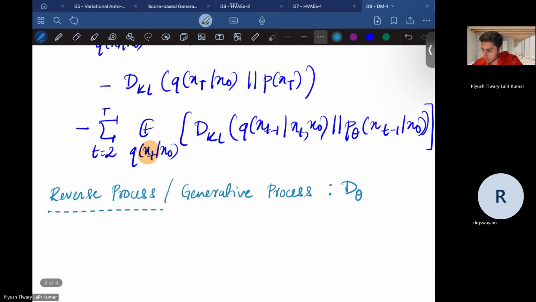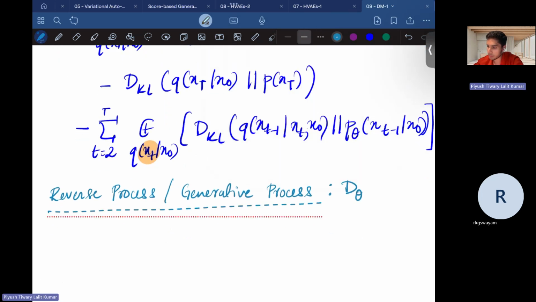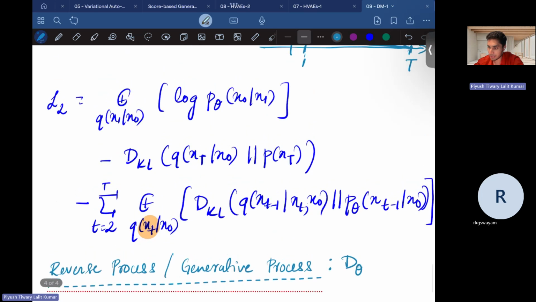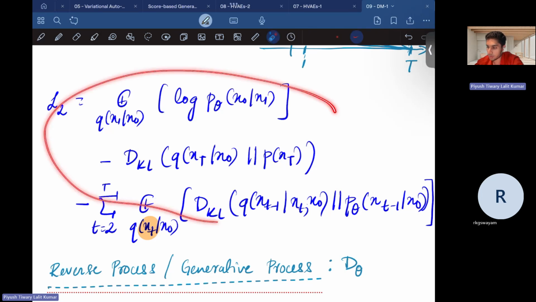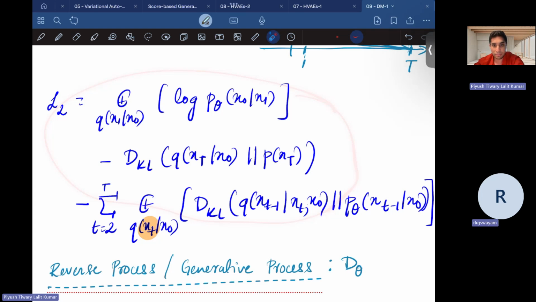Does that make sense? That is why we did all the HVAE derivations, because this diffusion model is also a HVAE, and we can learn any HVAE using this loss function. Does that make sense?